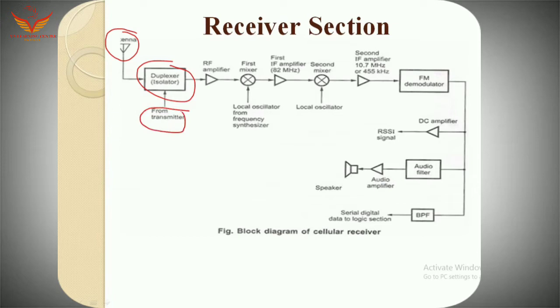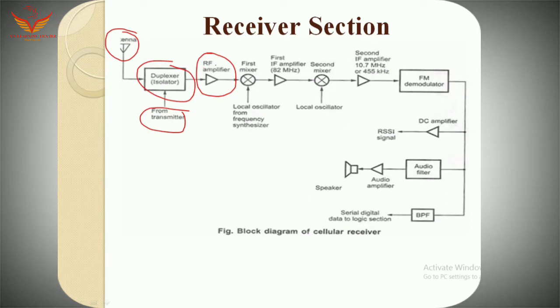The duplexer will connect the receiving signal only to the cellular receiver input. The output of the duplexer goes to the RF amplifier.